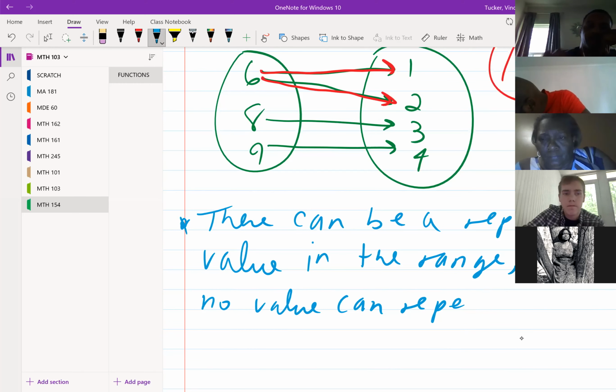So you can have a repeated value in a range, but no value can repeat in the domain.